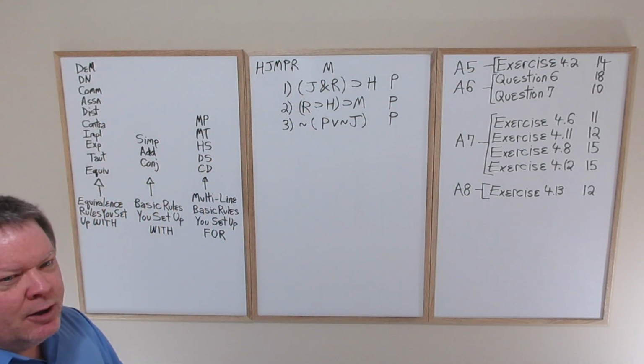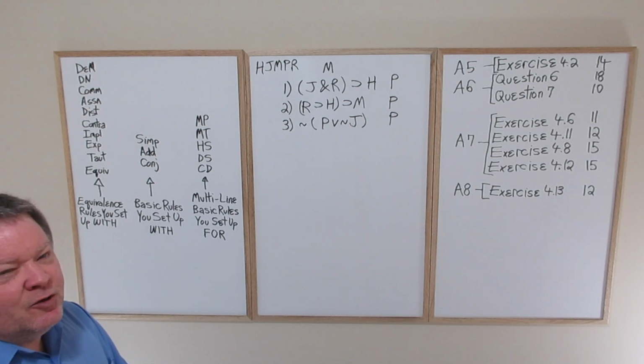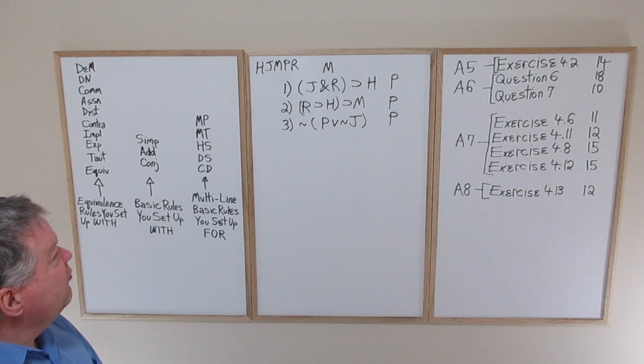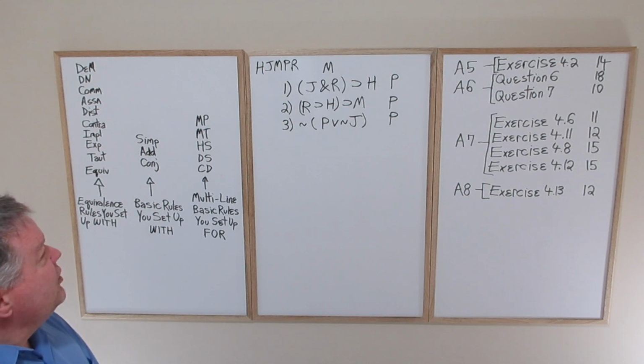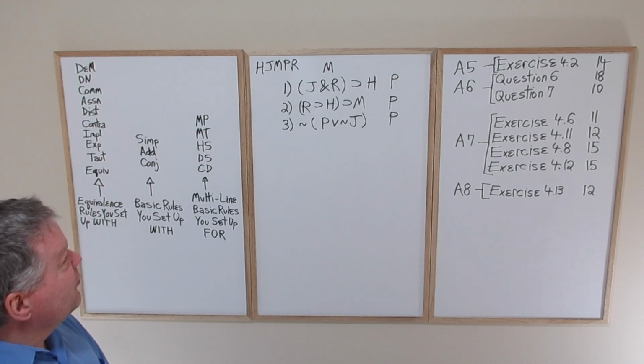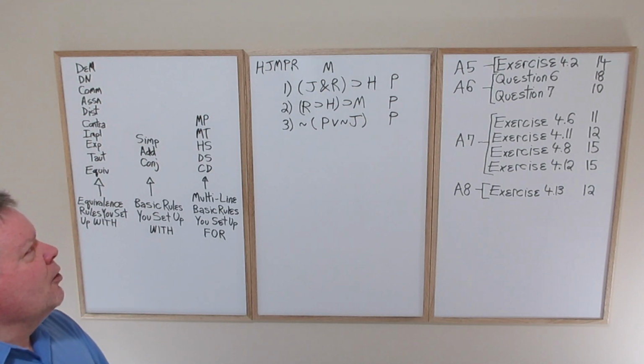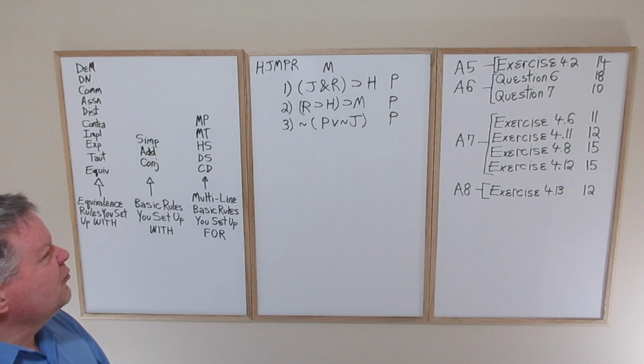So we've got information pertaining to 5 different simple sentences in this proof. We want to make use of and thereby get rid of the H-related information, the J-related information, the P-related information, and the R-related information, so that we end up with the M-related information.